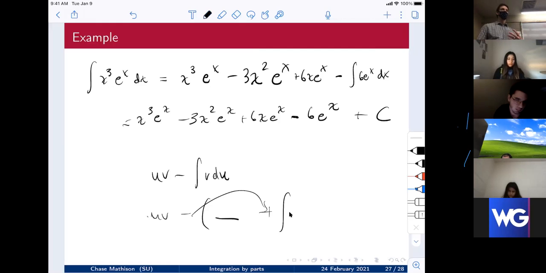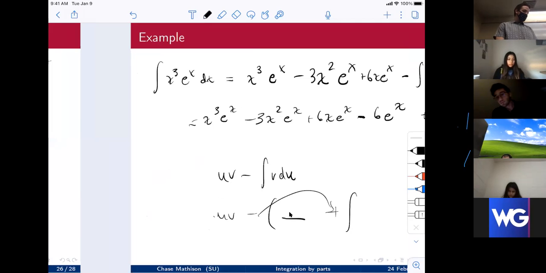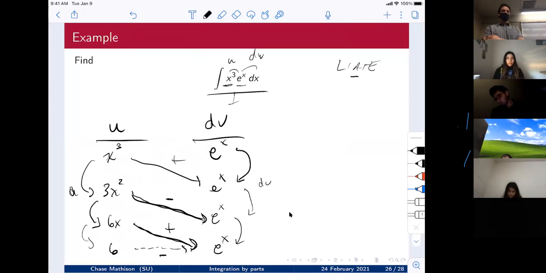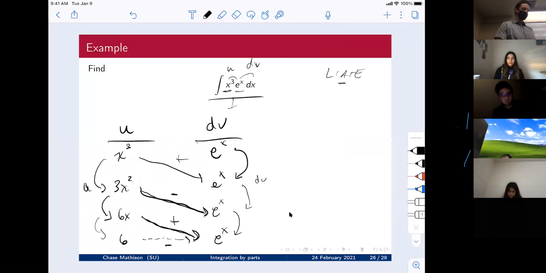So taking advantage of those alternating signs as well gives us a really easy way to compute an integral that would have taken several minutes before. Now it's just make a table, multiply the right things, and you're done.